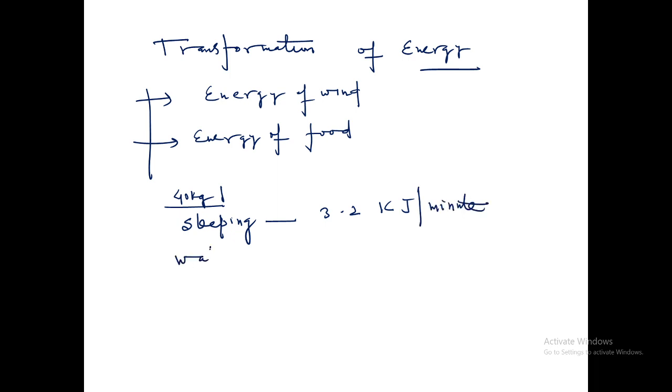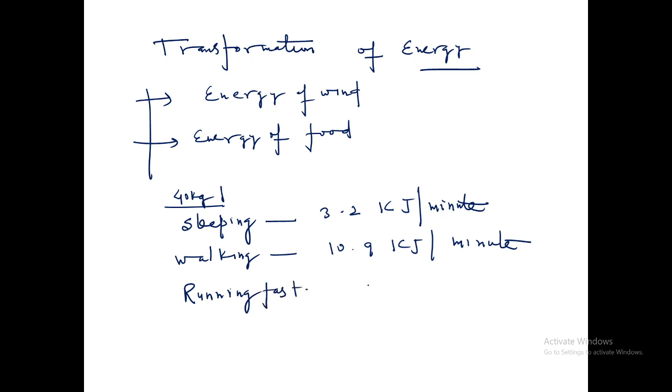Walking consumes 10.9 kilojoule per minute. Running fast consumes 22.7 kilojoule per minute.